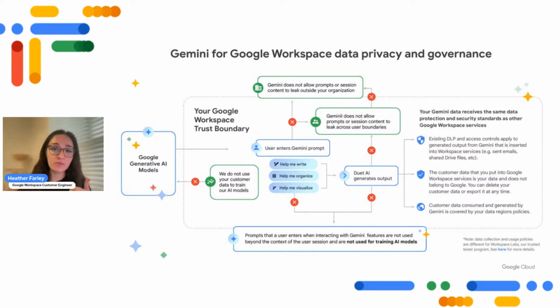A rule of thumb when I talk to my customers is that your users will not have access to any information that they don't already have access to. Since they don't have access to other session content that your users are producing within Google Workspace, rest assured that there is no social engineering, prompt content sharing, or inadvertent sharing between users. Gemini will never allow prompt sharing or session content to leak between your users.